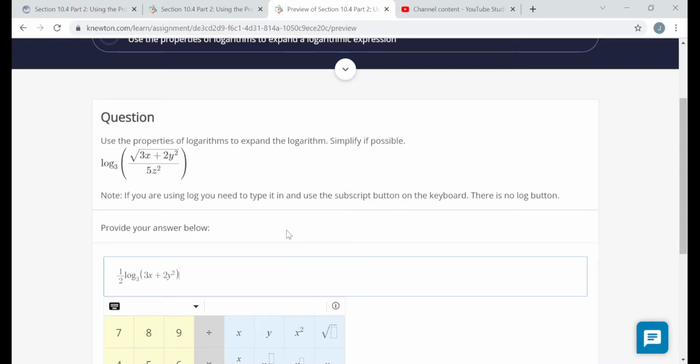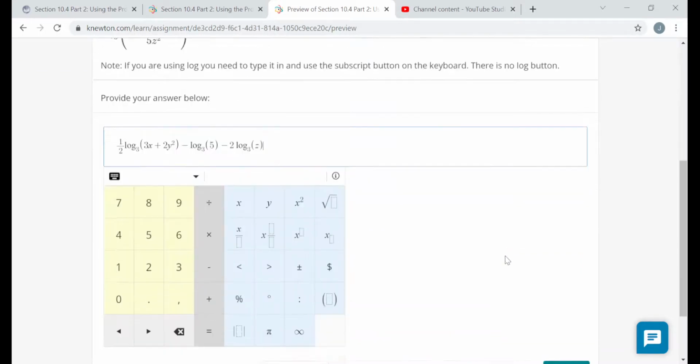Then minus the log base 3 of 5, then minus 2 times the log base 3 of z. And that was everything I wrote out on my paper. And this should be good.